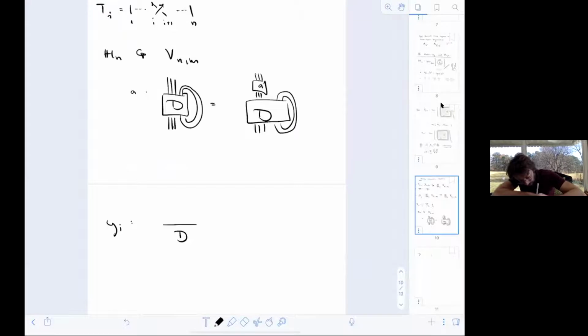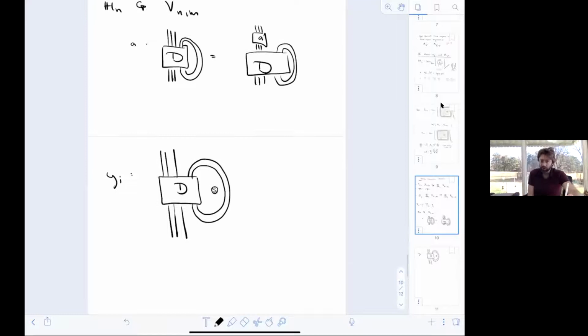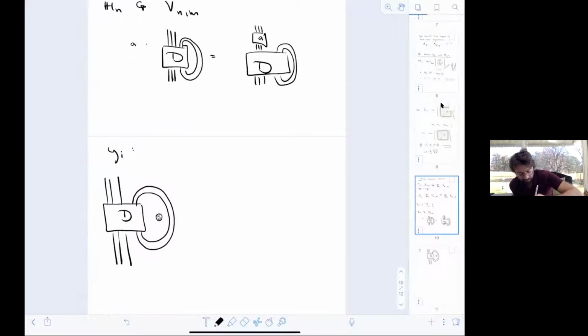So if your input is a diagram, here n is 3 and m is 2, your output has been pointed out.